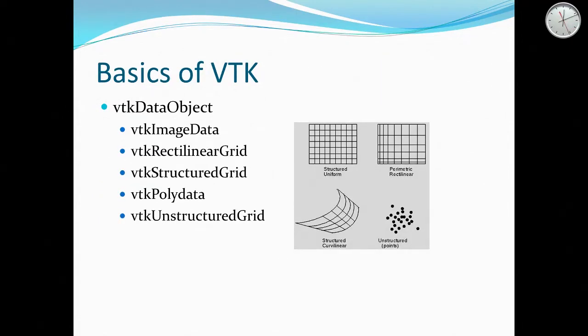To learn VTK, you need to understand two distinct concepts. One is data. The other is the module that processes that data. VTK supports many different types of data, like structured or unstructured, like regular grid, curvilinear, or unstructured data.